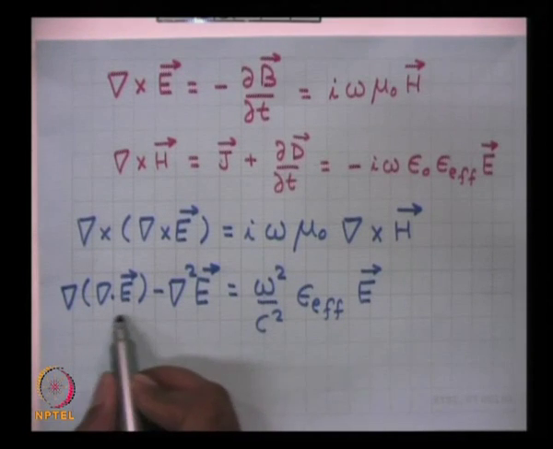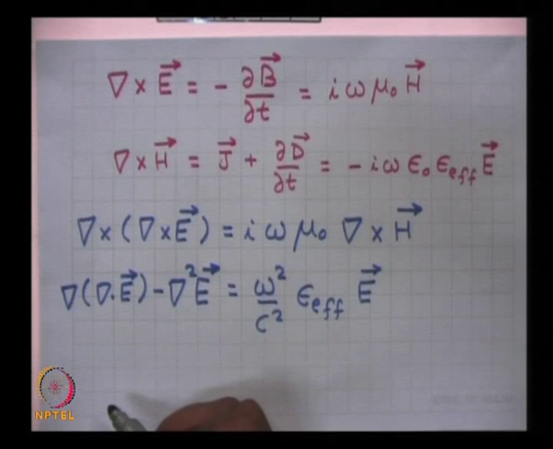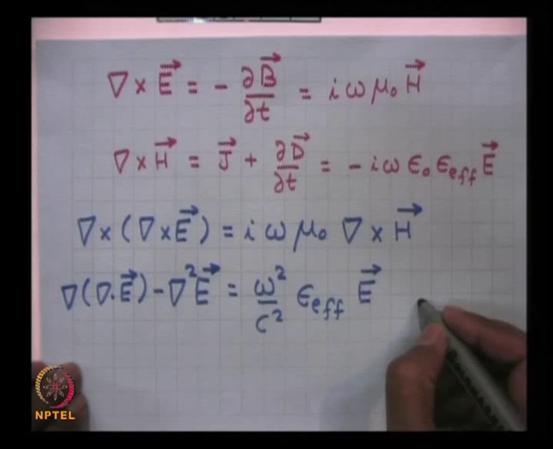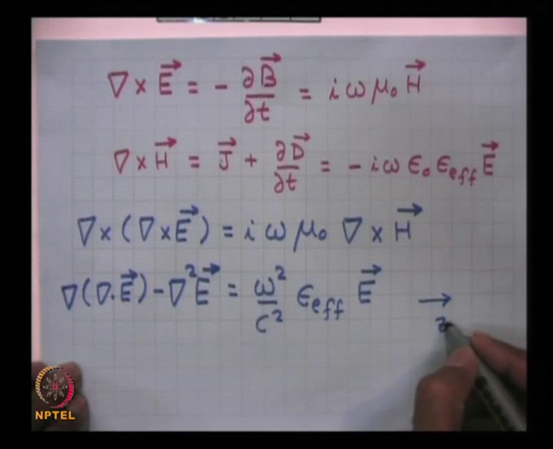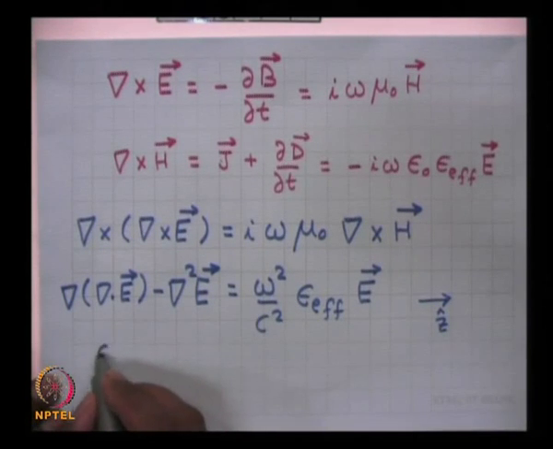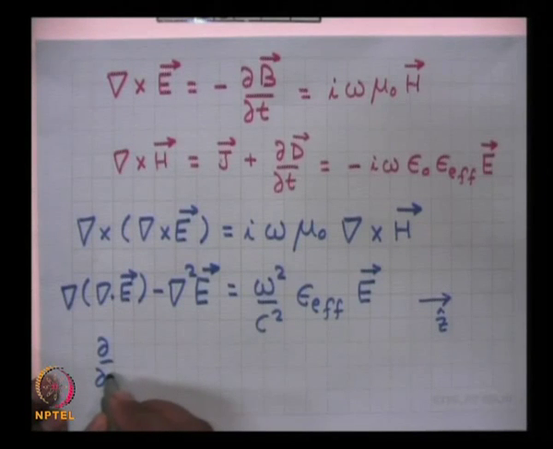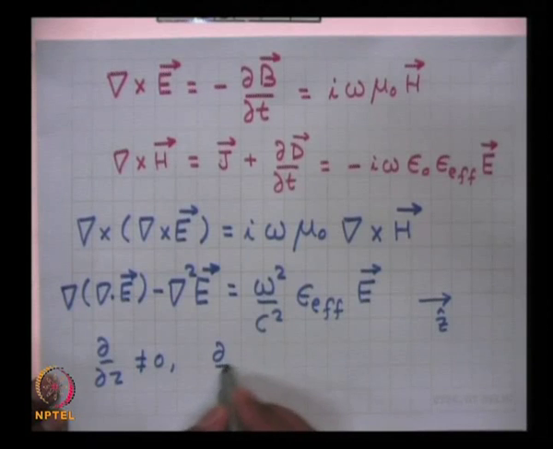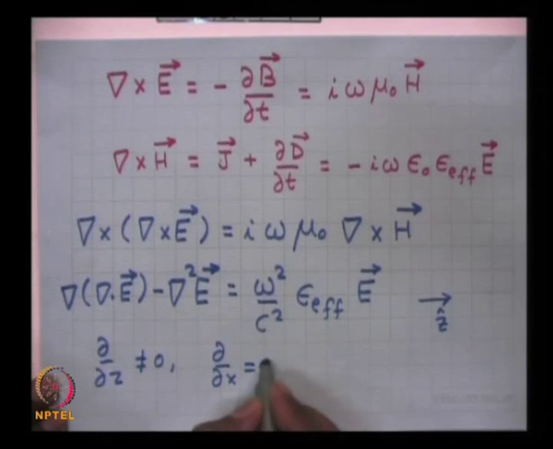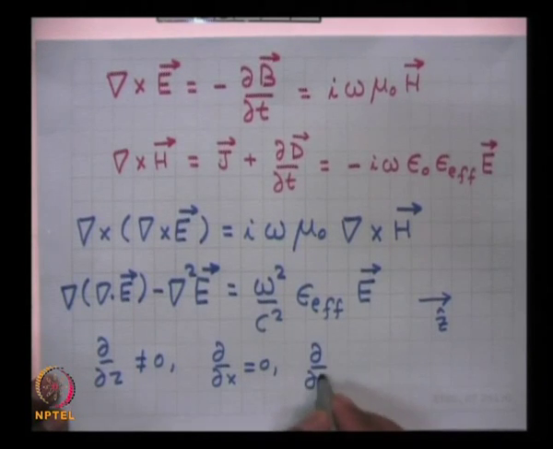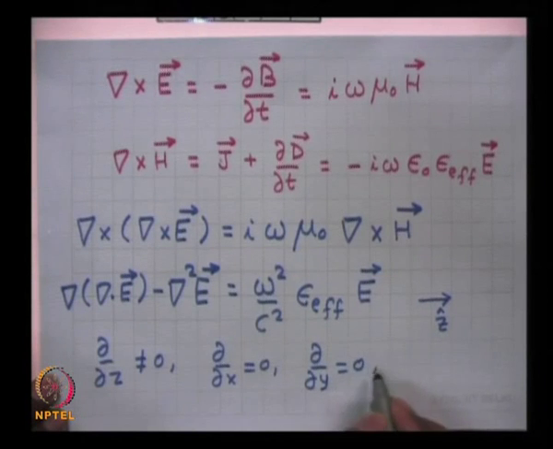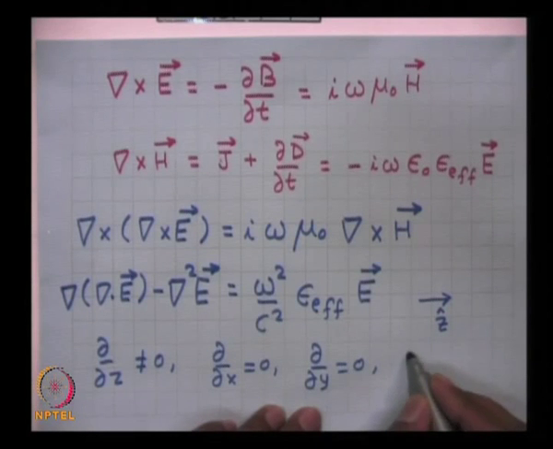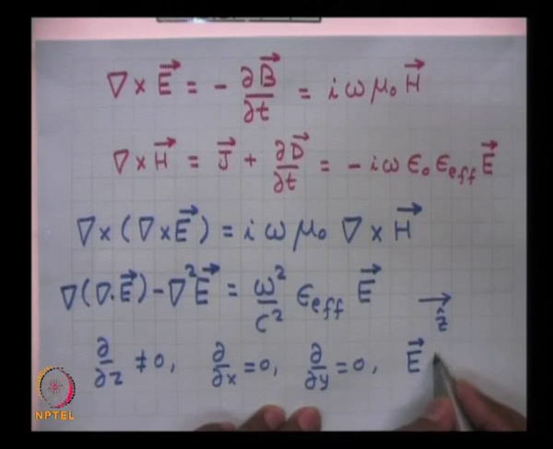The issue is what is the value of divergence of E. In my particular case, because I am considering the wave propagation to be along z axis, I will choose ∂/∂z to be non-zero, but I will choose ∂/∂x to be 0 and ∂/∂y to be 0. Regarding the electric field, my incident electric field is in the zx plane, so I want to choose E parallel to x axis.